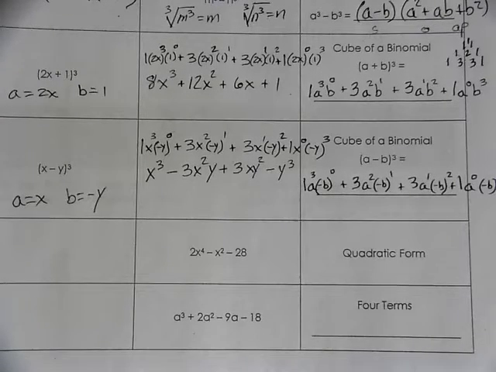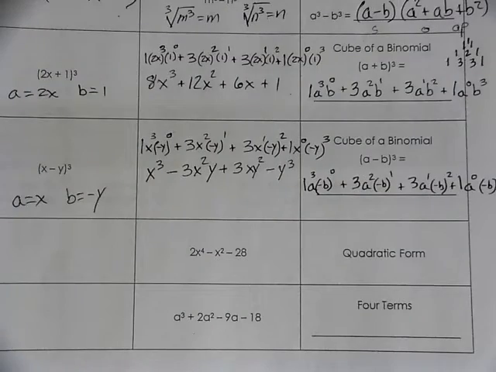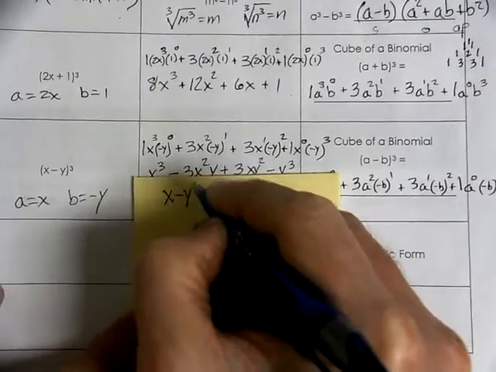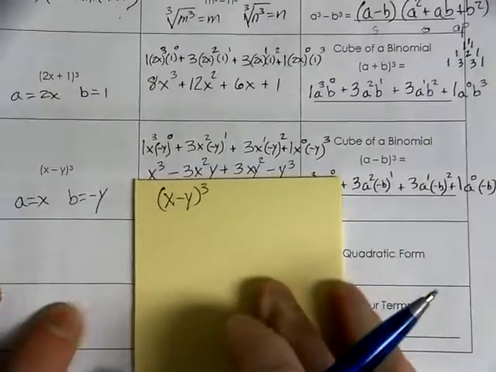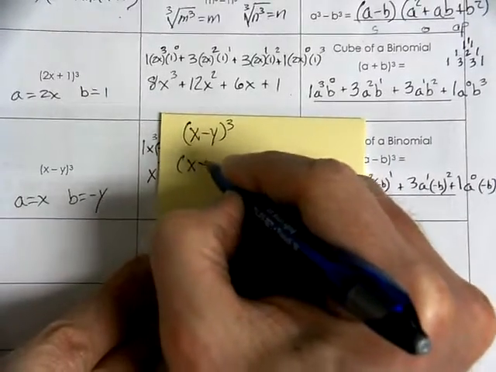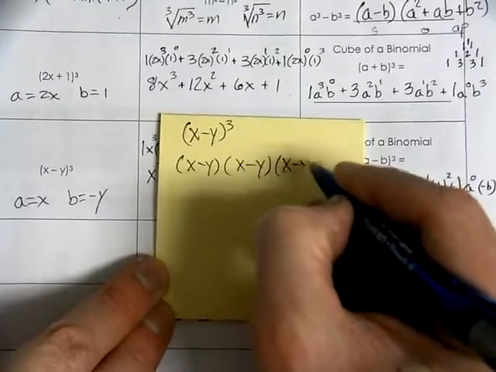You could work it out if you would like to FOIL that all together. What that would look like, if you would like to say x minus y cubed, you could say x minus y, x minus y, x minus y.